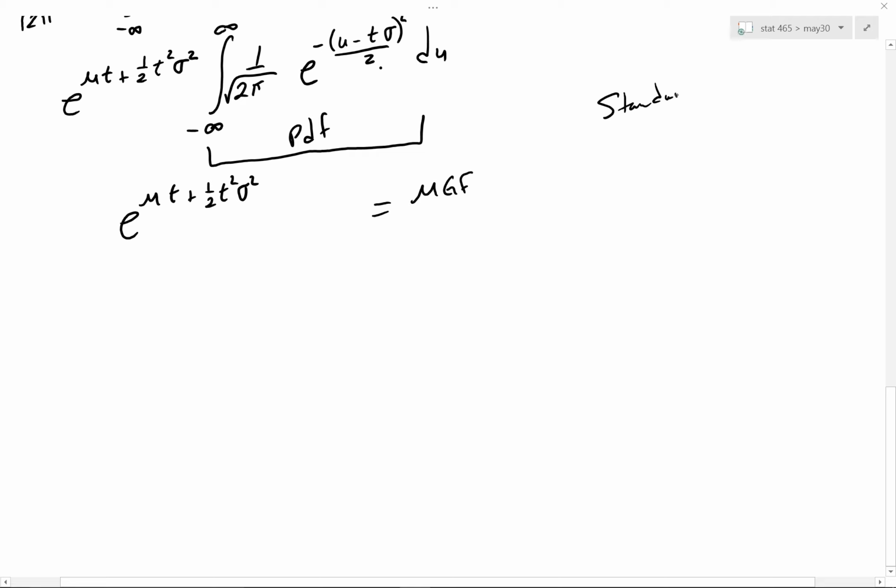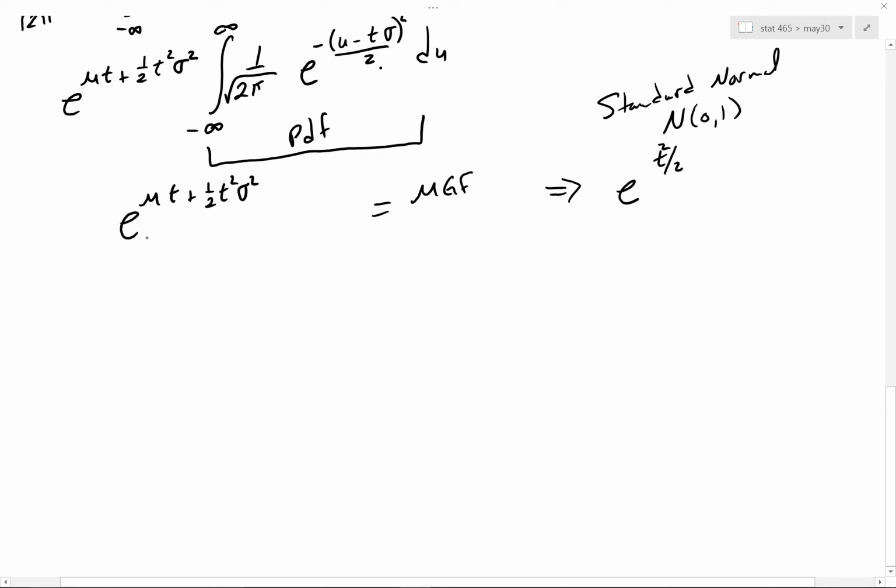If it was the standard normal, that is, normal 0, 1, if that were true, then this moment generating function then would become e to the t squared over 2. T squared over 2. And yeah, that should be it. E to the t squared over 2. Exactly. That's exactly what it would be if it's the standard normal.